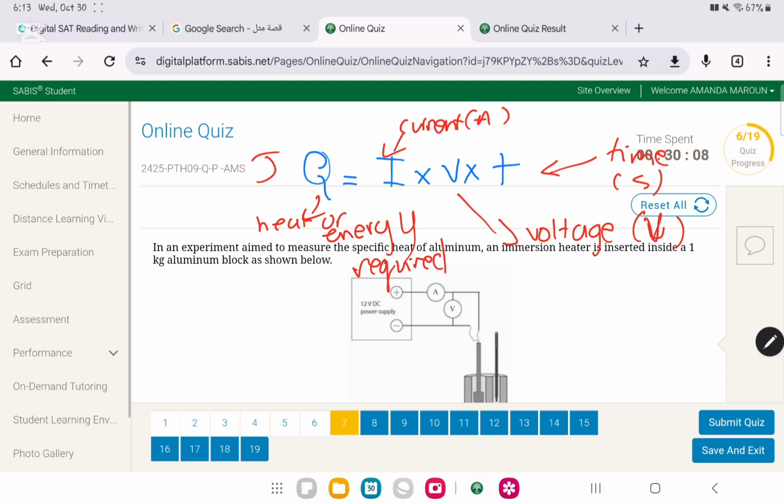So the new equation that we learned is Q equals I times V times T. In this question, we are going to learn a relation between this and the specific heat.